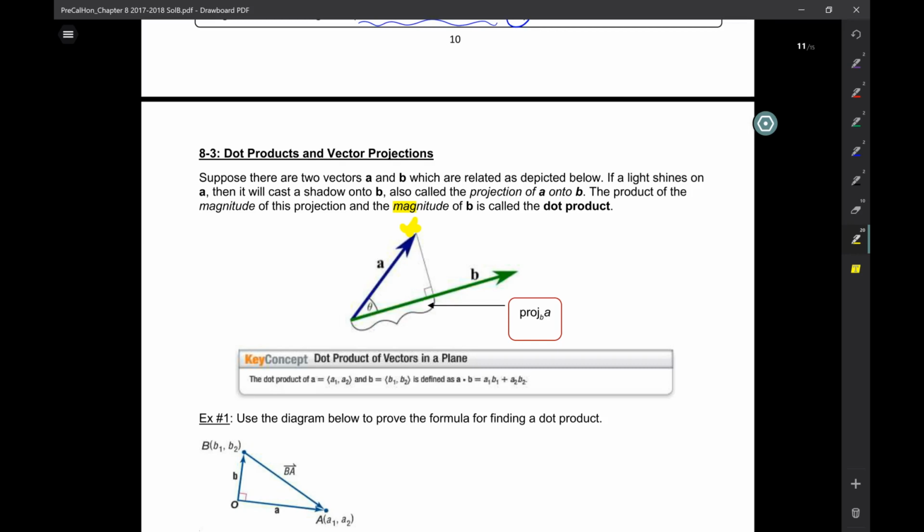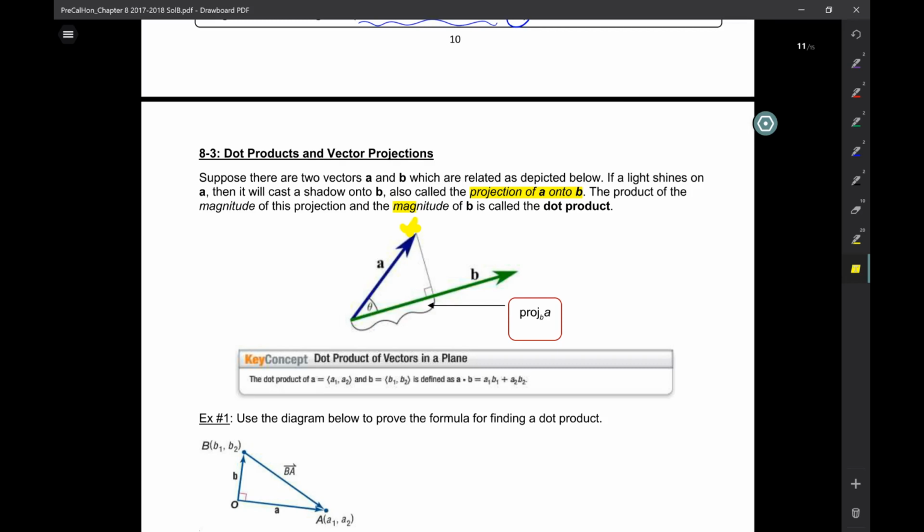We call the shadow the projection of A onto B. So that's the terminology, the projection of A onto B. Now, that projection, depending on how the angles work, because this is at an angle and we're shining the light 90 degrees perpendicular to B, is not going to be the same length as vector A. Okay? Does that make sense?